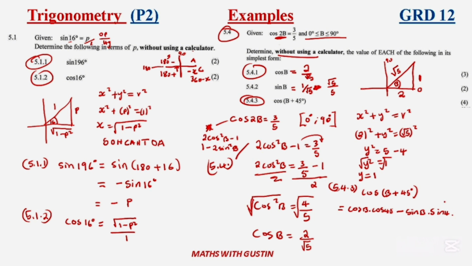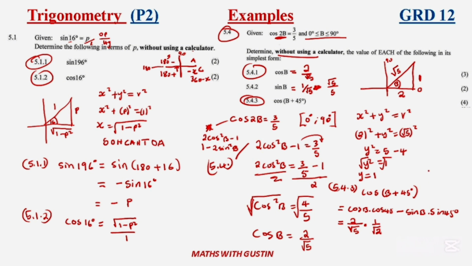And then you already know what cos b is, because you found it on the previous question. Cos b is 2 over square root of 5, and then multiply by cos 45. Cos 45 will give us 1 over square root of 2.